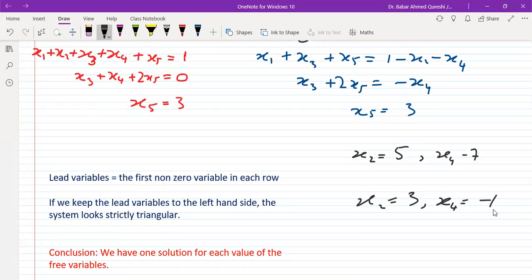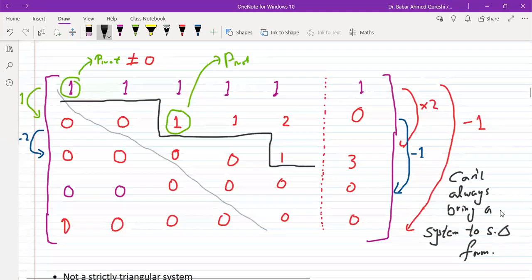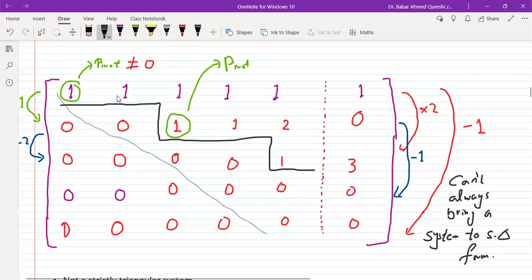Anything you like. So what's happening is that in this staircase, the variables lying on the same level, you keep them free. They become free. You can give them any value. But when you have a drop, that variable is fixed. So you keep this free, and then you have a drop, you write.